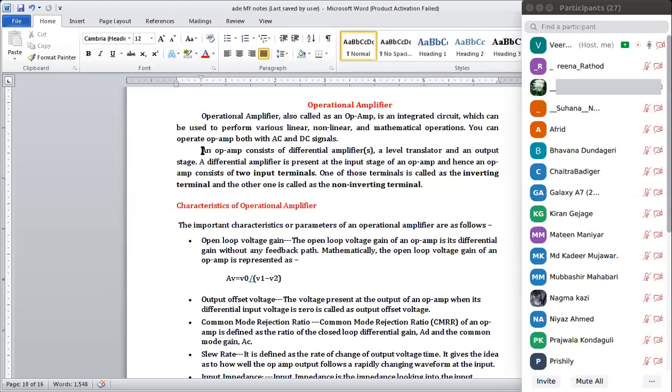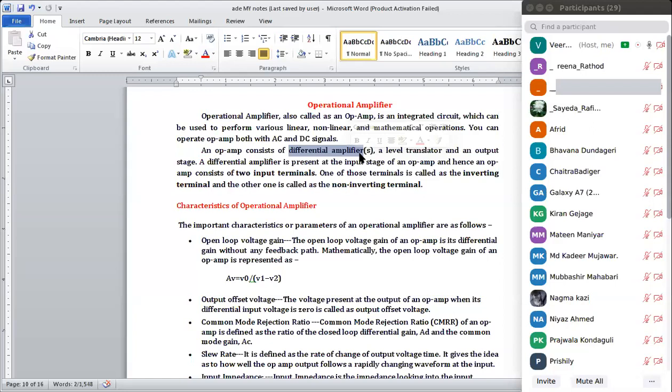The whole circuit is divided into three different units. The first is at the input side. Whenever input is given, that input goes to a differential amplifier. That is one stage on the input side.